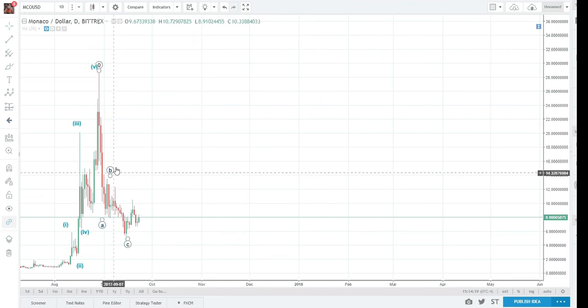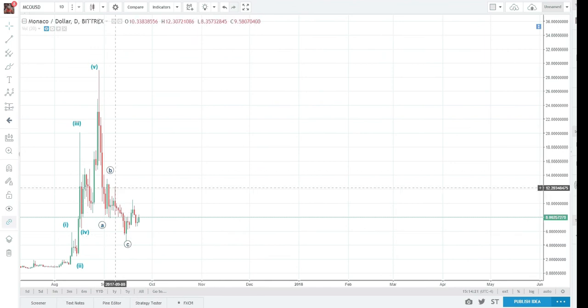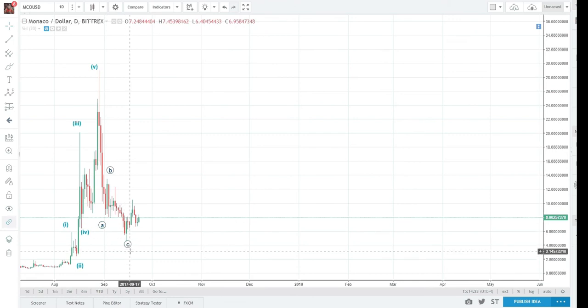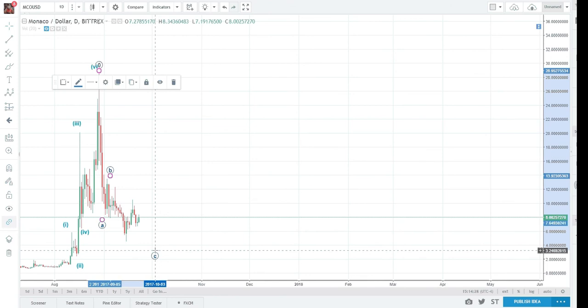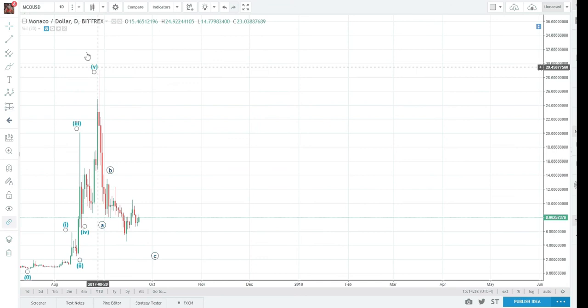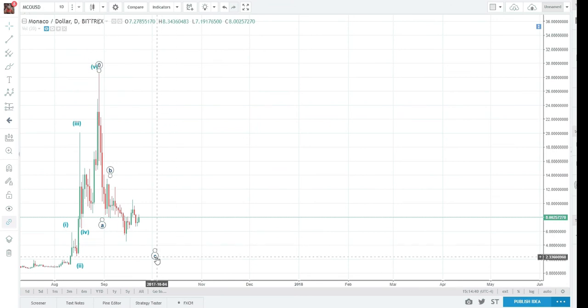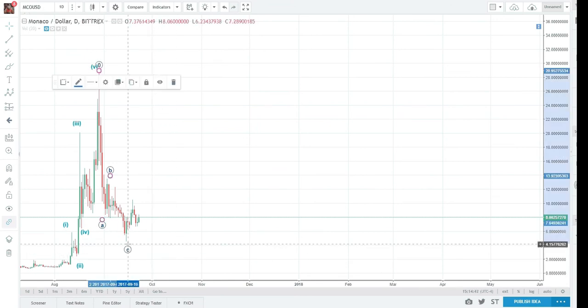So this is A, B. I'm thinking 1, 2, so A, B, C. It is possible. Could have one more lower low, especially if Bitcoin decides to take a dump on its pricing. But from a daily and a weekly scale, it really wouldn't matter.